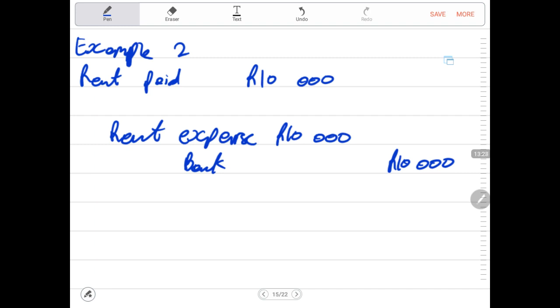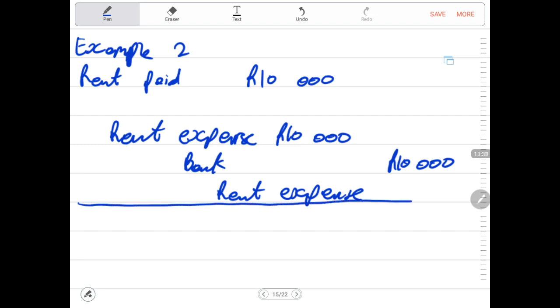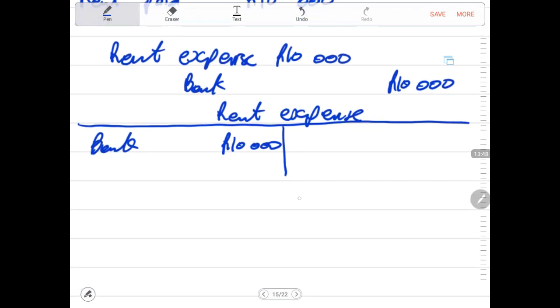Then I will say this rent was paid, therefore now we must open a ledger account for rent expense. We start with the general journal, transfer from the general journal into the ledger account. So now there will be 10,000 on the debit side of the ledger account, and the contra entry will be bank. Then after, I will have to record this in what we call a trial balance.